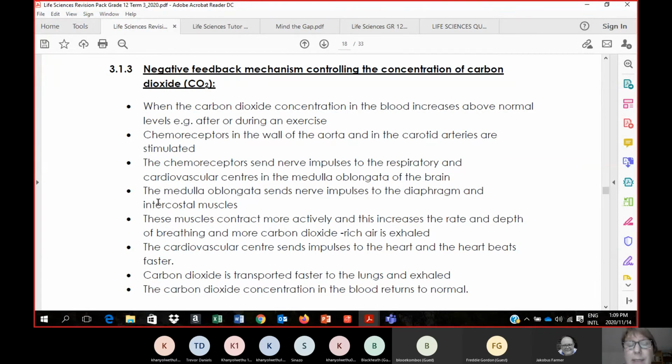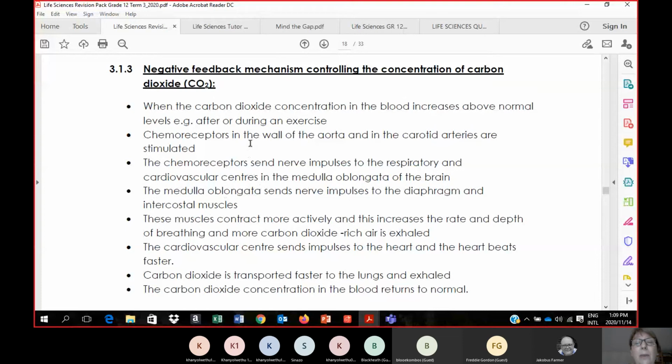And an acid obviously lowers the pH. And that carbonic acid can actually break up to form hydrogen ions as well. And we know that when you've got a lot of hydrogen ions in the blood, then your pH decreases, it becomes acidic. And we don't want that to happen, because we all know that enzymes can also be sensitive to the pH of the blood. Some of course do like to work in a very acidic pH, but others not. So we want the pH to stay constant.